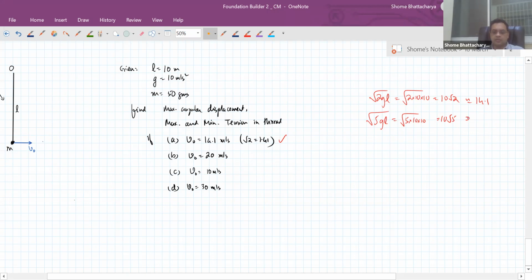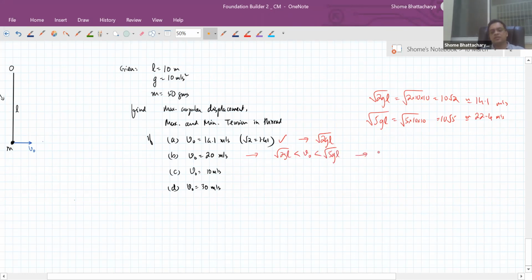So approximately you can say this is 22.4, up to one decimal place. Okay, so we can see that this value is exactly root 2gL. This value is that in-between thing. It is greater than root 2gL but less than root 5gL.